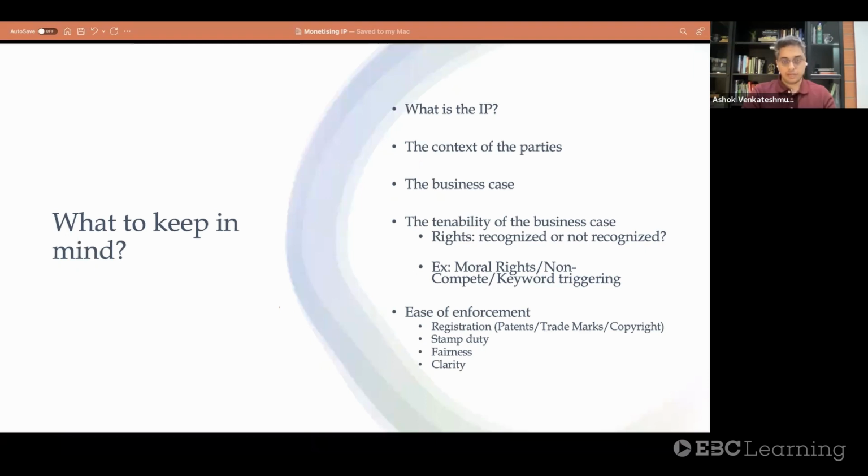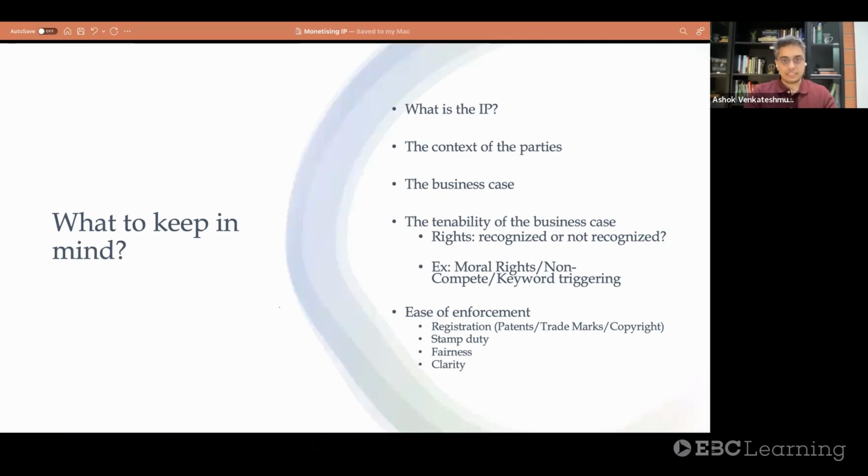Otherwise, in agreements involving assignment of patents or trademarks or copyright or licensing, the specific law, be it the Copyright Act or the Trademarks Act or the Patents Act, could require you to compulsorily register the agreement with the trademark or the patent office or the copyright office, failing which it may not be enforceable. So if there is a requirement specific to the form of IP, you can refer to the relevant statute, decide whether registration is mandatory, and ensure it is registered.